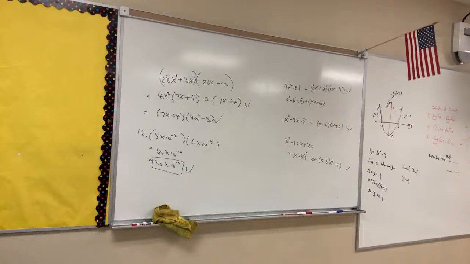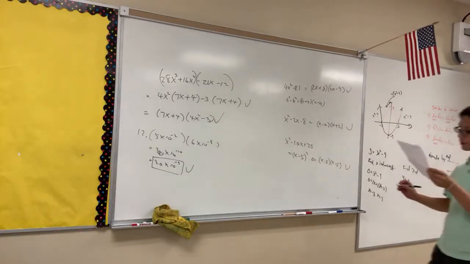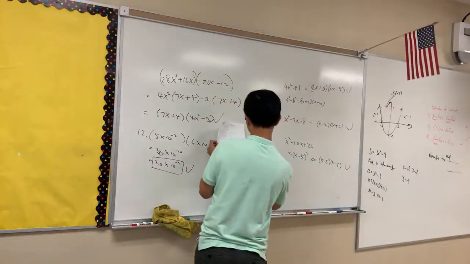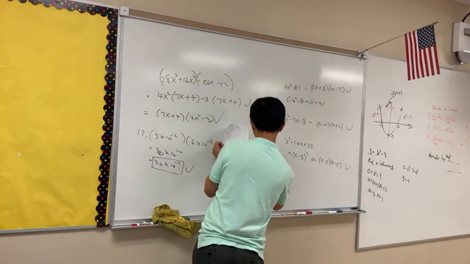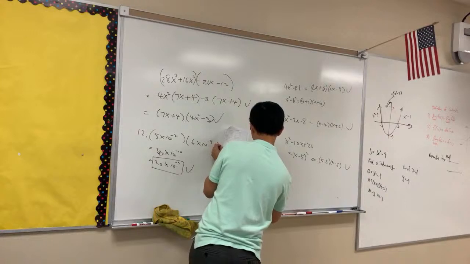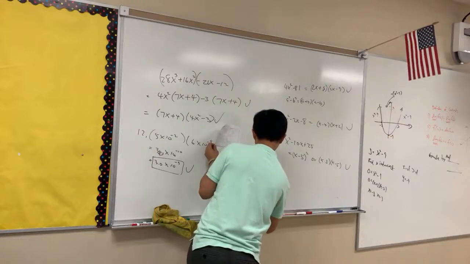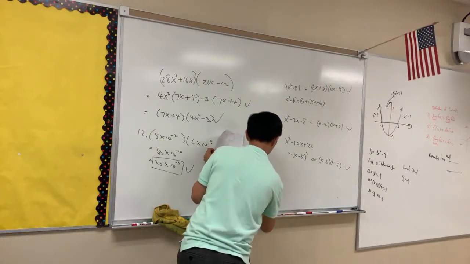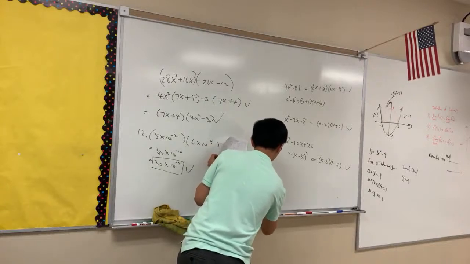Okay. Can you do B right? Okay. How are you getting? Give me a second. Let me finish this one so we can finish this one. 3 times 10 to the negative 5 over 5 times 10 to the negative 3. So 3 over 5, that's dividing, times 10 to the negative 5 subtract negative 3.